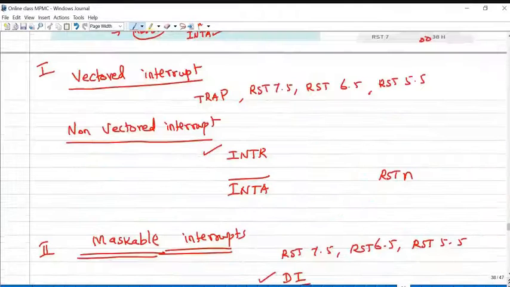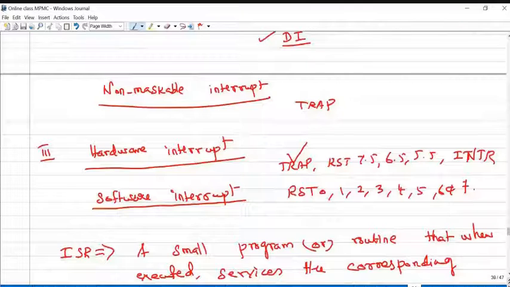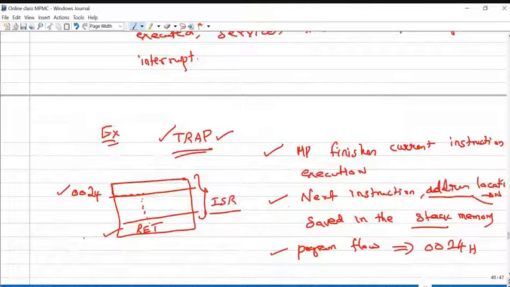It depends on what kind of interrupt request is received by the microprocessor, whether it is trap, 5.5, 7.5, 6.5, or a software interrupt, or the external hardware sends the address location separately. Then the microprocessor transfers the program execution flow to the address sent by the external hardware. But the operation is similar for all the interrupts.